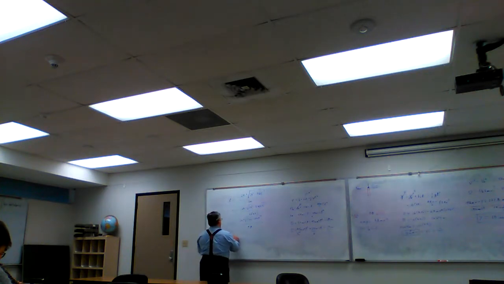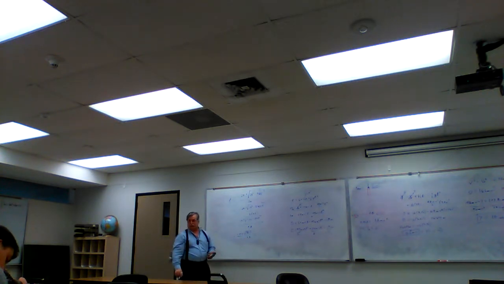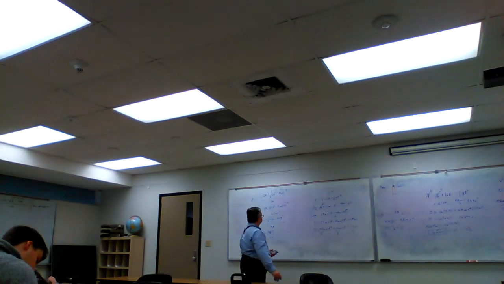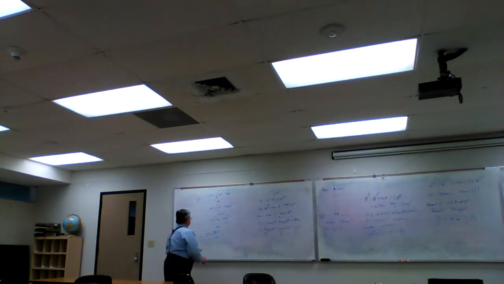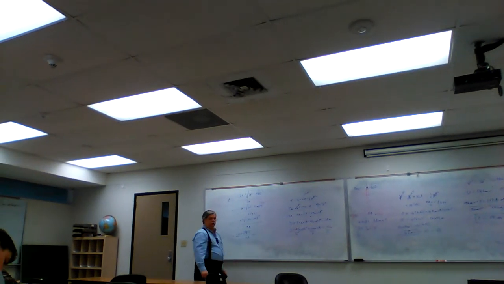That gives us 321.2, all divided by minus 9.8. The square root of 321.2 is 17.9 and some change.